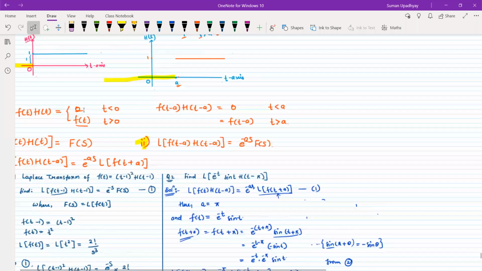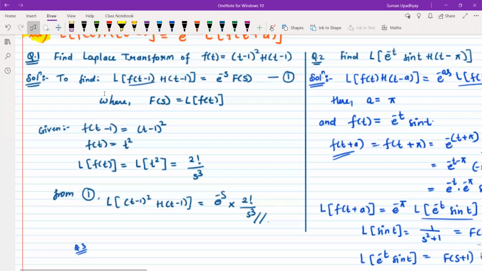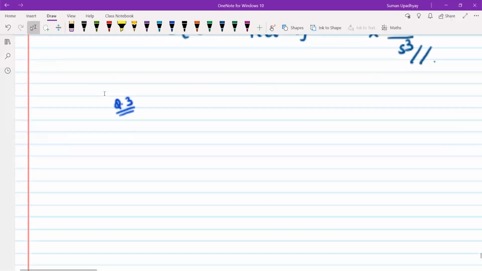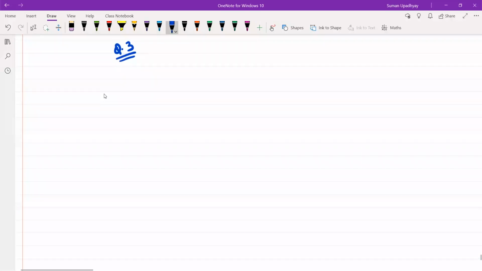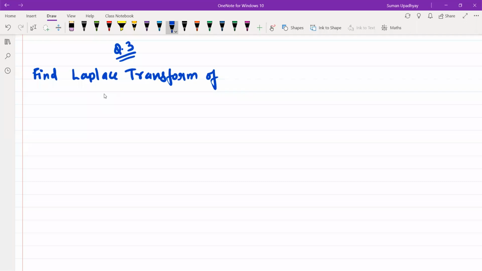Now let us go to the third question, which you are going to do. All right. Question number 3. Find Laplace transformation of f of t equals e raised to minus 3t h of t minus 2.